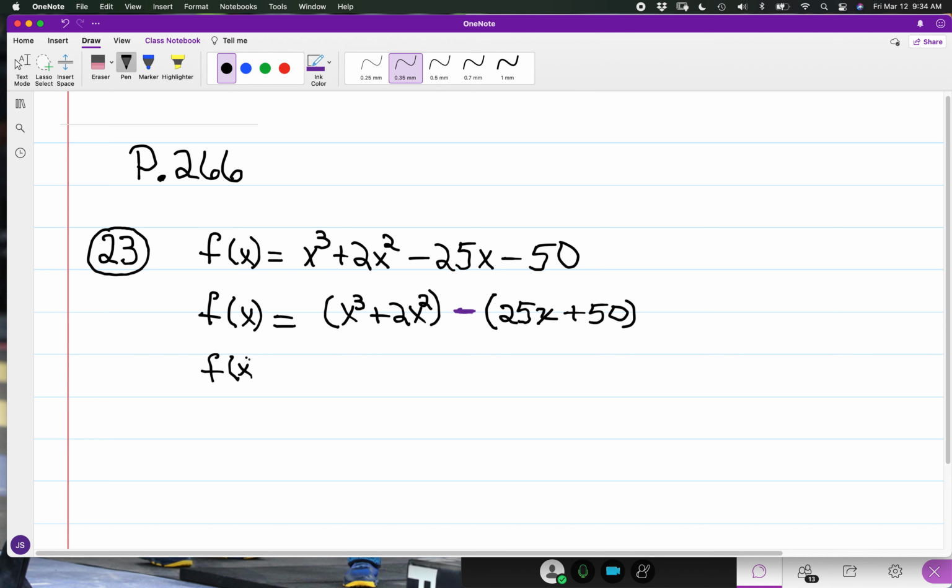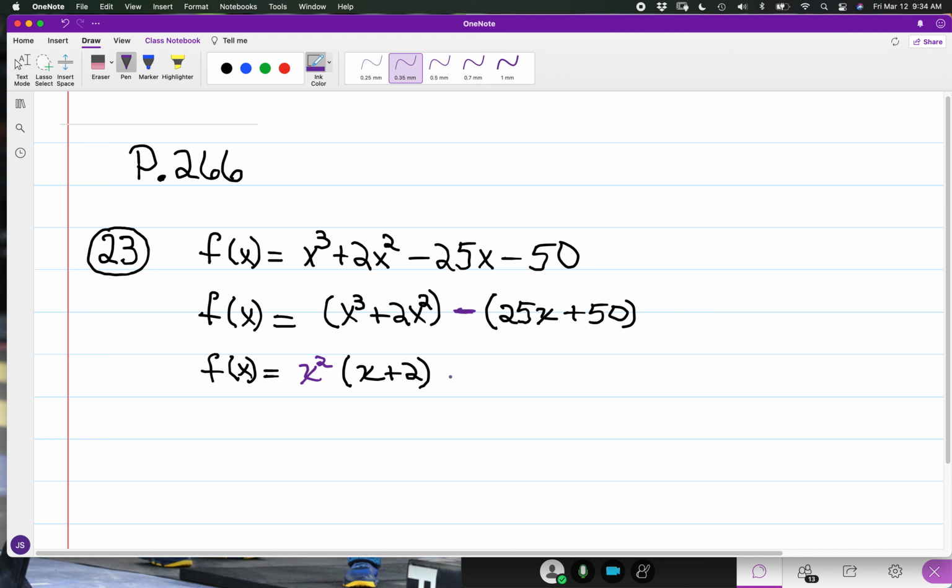Looking at the groups, we have x cubed plus 2x squared. The greatest common factor between these two terms will be x squared, and taking that out of x cubed plus 2x squared, we have the quantity x plus 2.